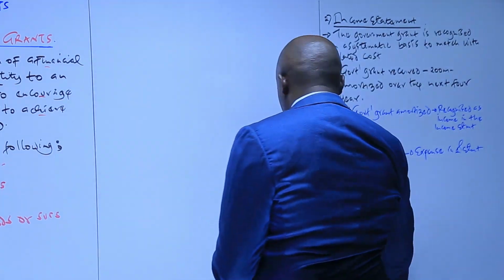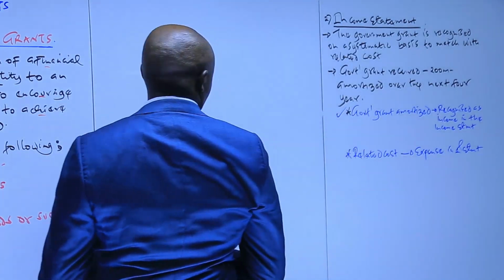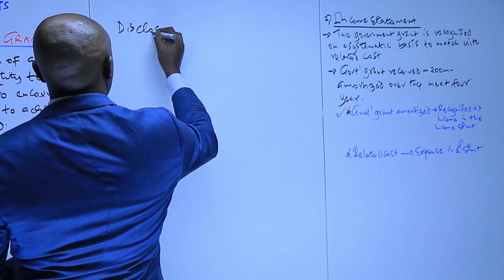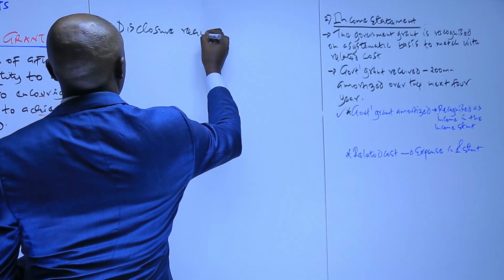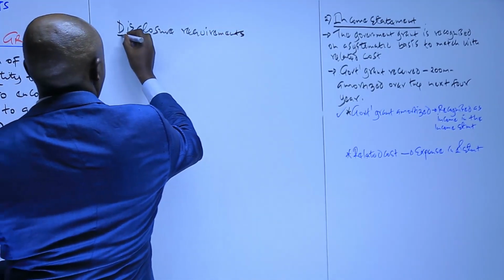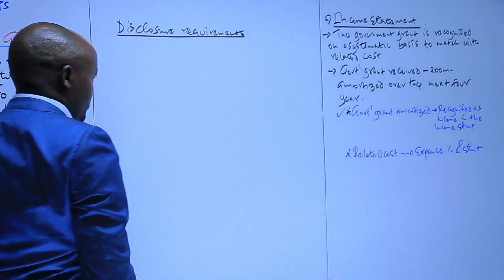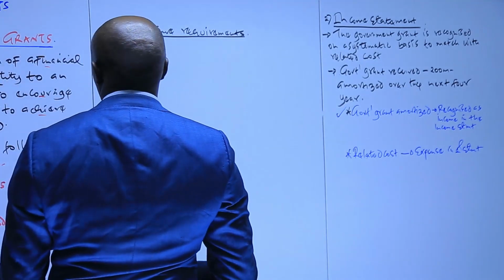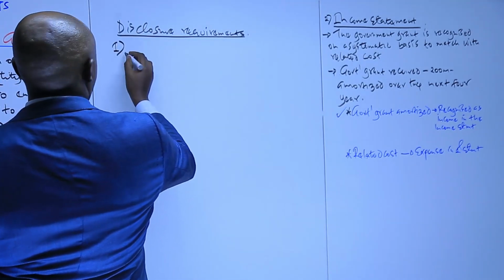Finally, we can look at the disclosure requirements, what the company needs to disclose as far as the government grant is concerned. These are information to be provided to the users of the financial statements as far as the government grant received by the company is concerned.